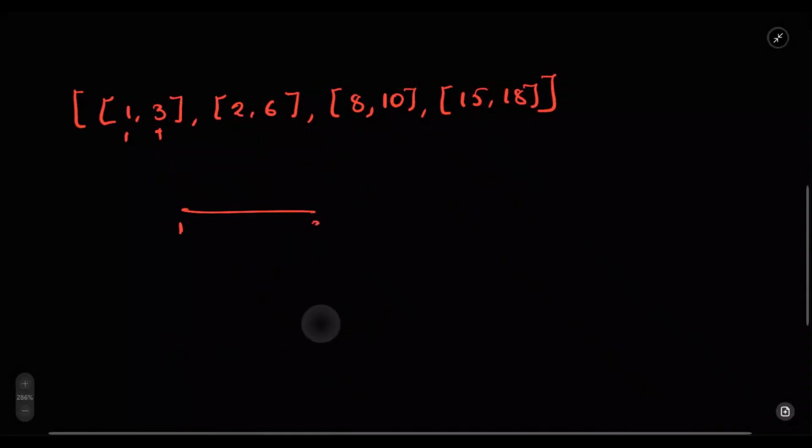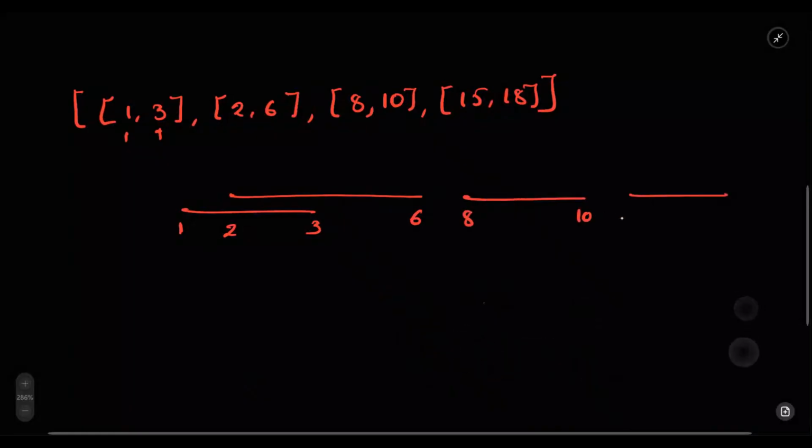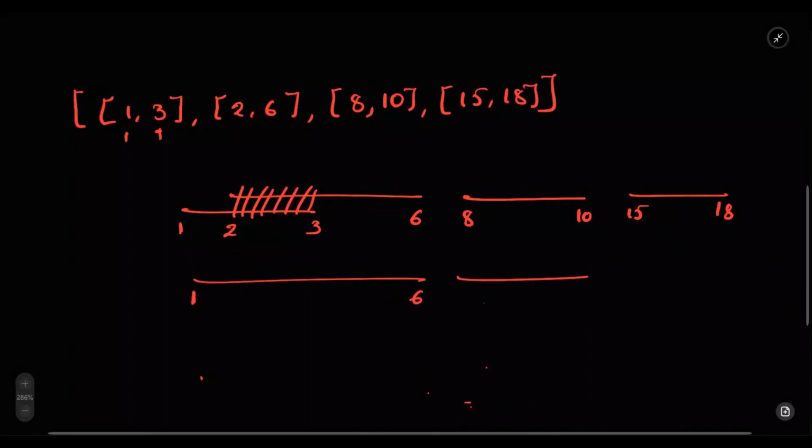We're going to see 1 and 3, 2 and 6 will be something like this, 8 and 10, and 15 and 18. If you look here, this is the overlapping region. Therefore, we're going to make sure this is merged. 1 and 6 will now be a single interval rather than 1 to 3 and 2 to 6.